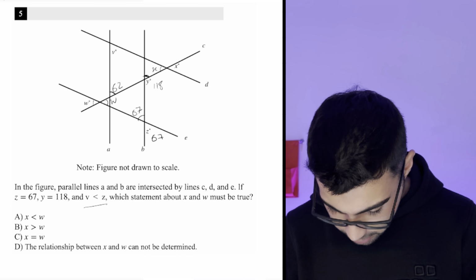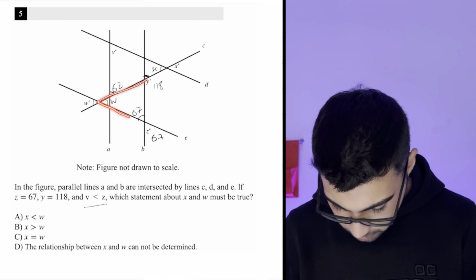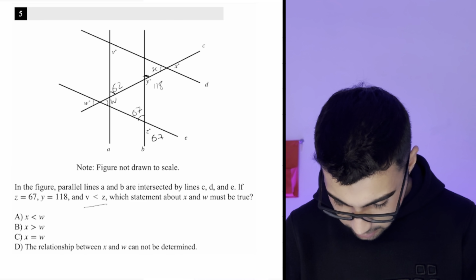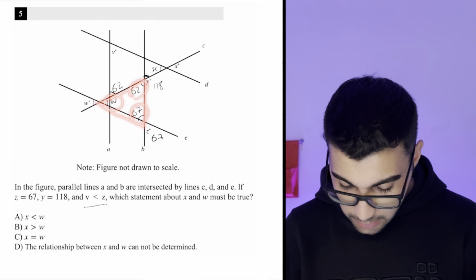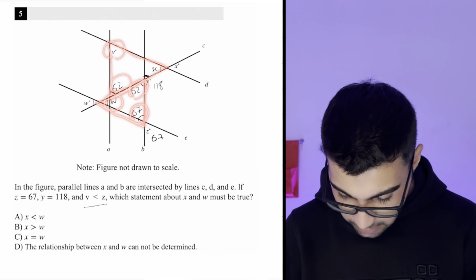Okay, now let's look at these two triangles, this one and this one. Here is X, here is 62. Here is also 62, because here was 62, opposite angle. Now in this triangle, I know here is 62, here is 67, here is W, and in this one, here is 62, and V is less than Z. Look at here.